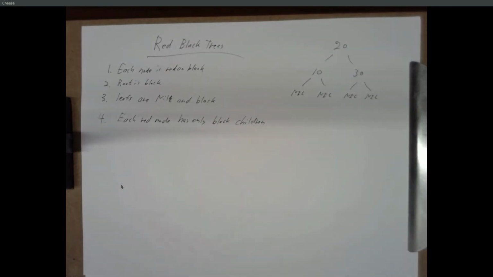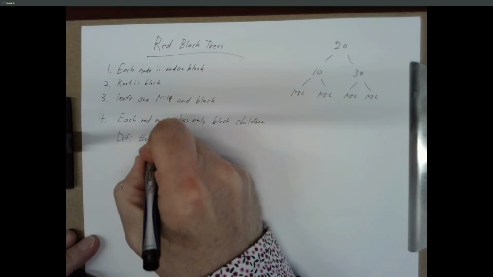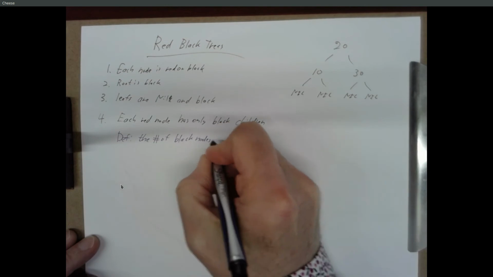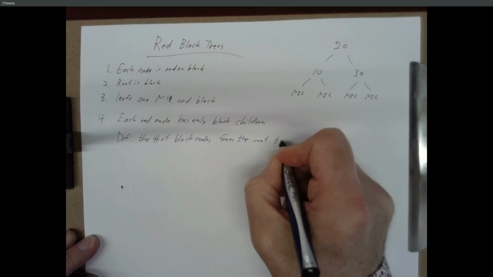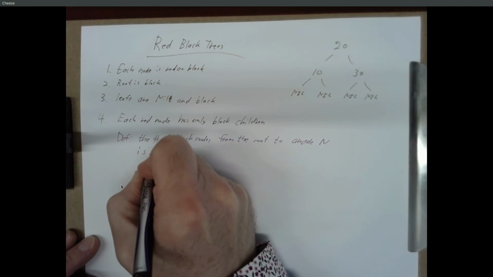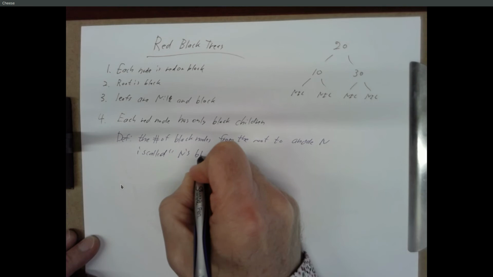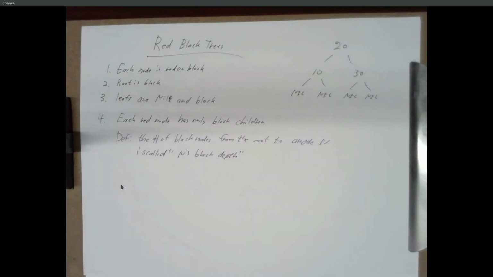Okay, so there's a definition before the 5th property. The number of black nodes from the root to a node n is called n's black depth. Normally the depth of a node is how many nodes there are from the root to that node.